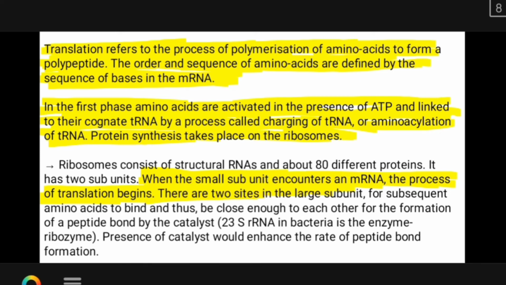There are two sites in the large subunit for subsequent amino acids to bind and thus be close enough to each other for the formation of a peptide bond, so that a polypeptide is formed. The formation of the peptide bond is catalyzed by the 23S rRNA in bacteria and 28S rRNA in eukaryotes. Presence of the catalyst enhances the rate of peptide bond formation.